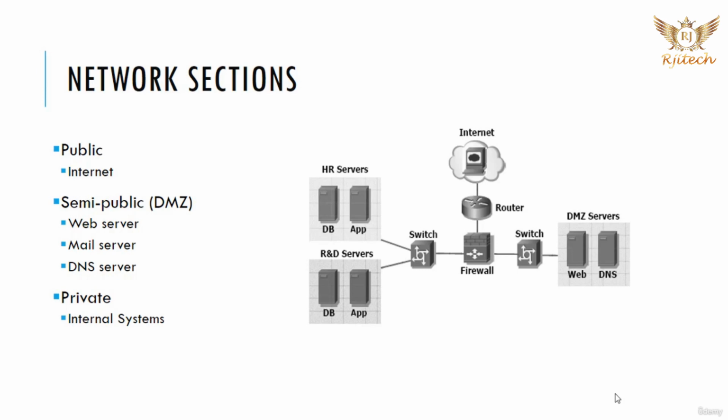They need to be exposed to the internet, but not at the same level as the DMZ servers. HR servers and R&D servers need to connect to the internet for surfing or searching, but not as servers available to the internet, such as the web, DNS and mail servers existing in the demilitarized zone.